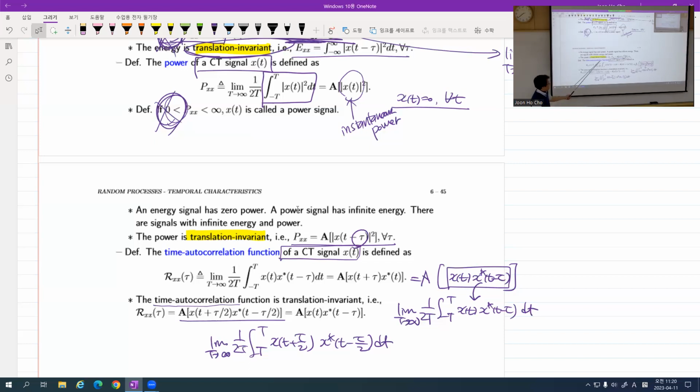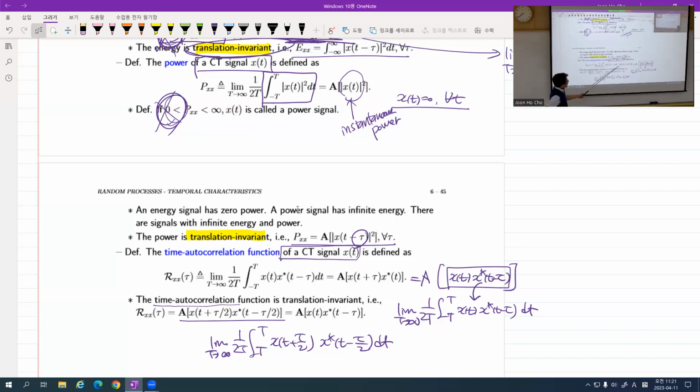If, as a function of capital T, it converges to a finite number, then it is defined as the time autocorrelation function of x of t at tau. So this function is a function of tau now. And similar to the previous one, this time autocorrelation function can also be rewritten using the time average operator A in this textbook. Some other books use totally different notation, so be careful.